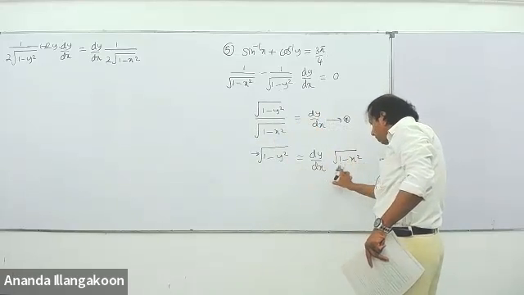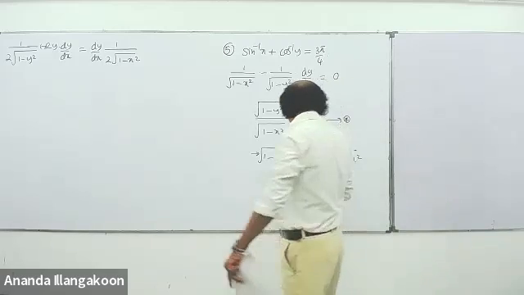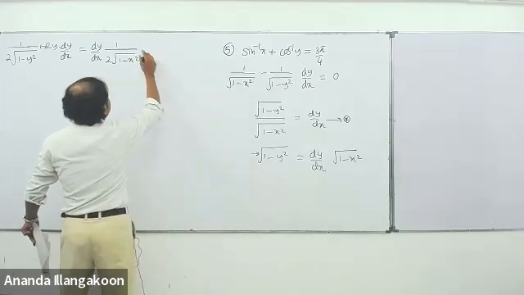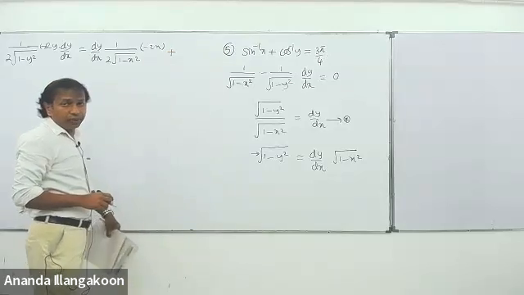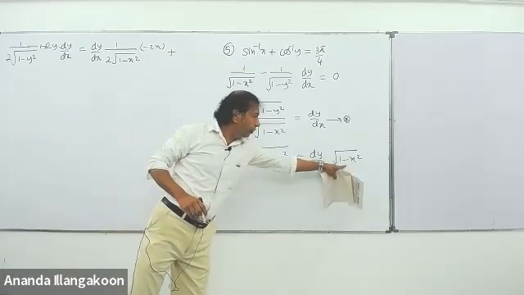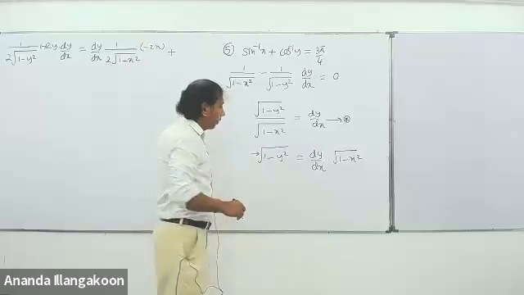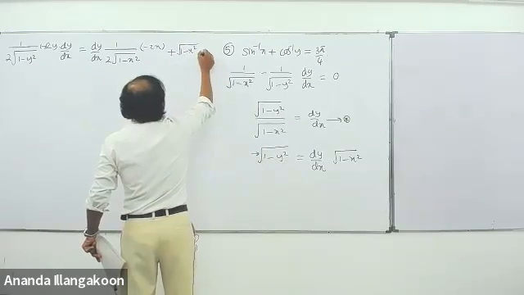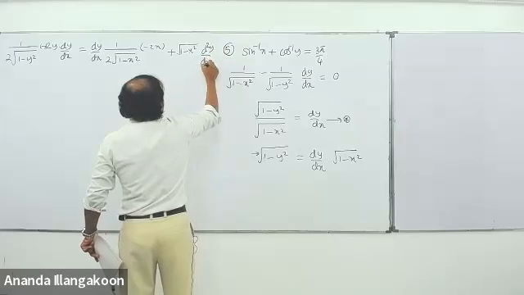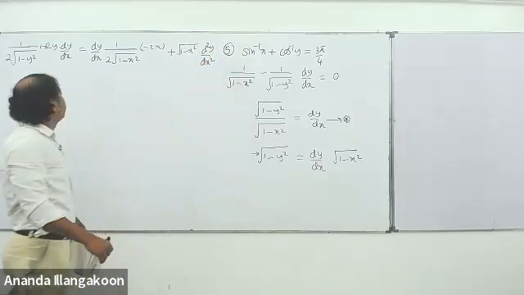Then that should be multiplied by the derivative inside the bracket. What is that? Minus 2x. Plus. Now what? Keep this as the same and multiply by the derivative of this. Right. 1 minus x squared d2y over dx2. Right. Okay.